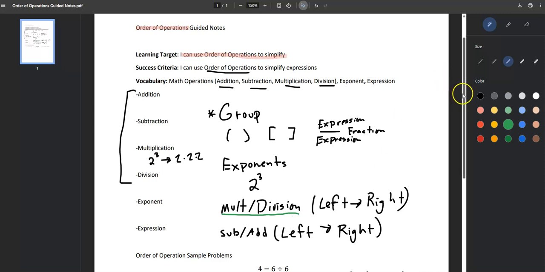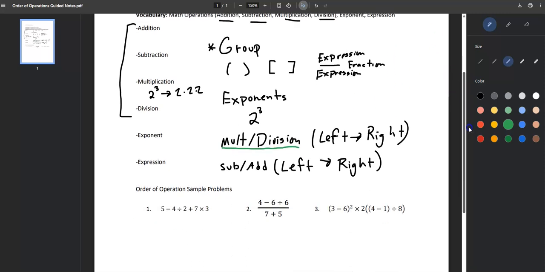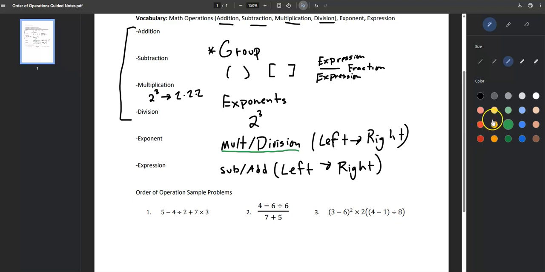All right, let's look at a couple of these down here. If I look at this first one, my expression is 5 minus 4 divided by 2 plus 7 times 3. There's no grouping, meaning no parentheses, no brackets, and no fractions with expression over expression.